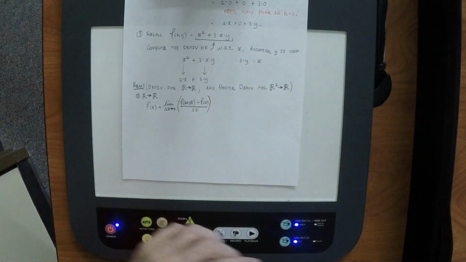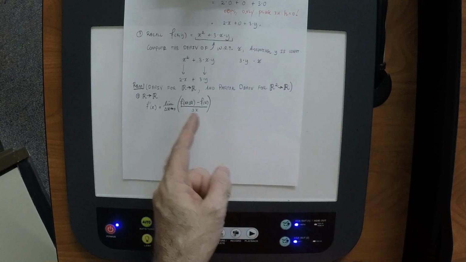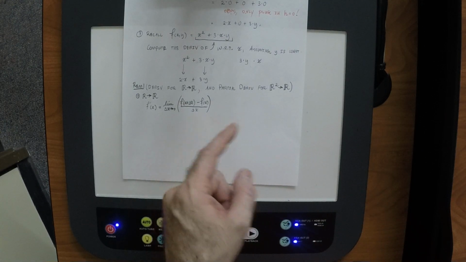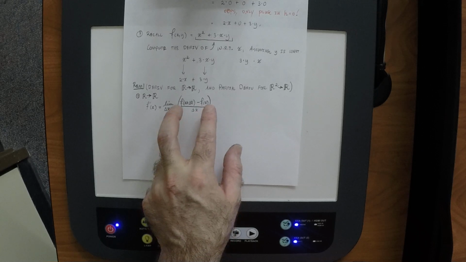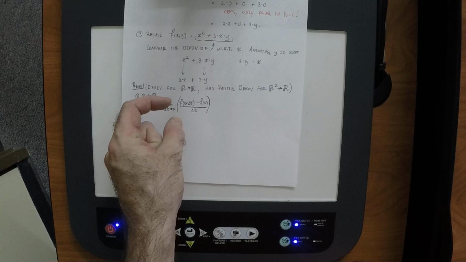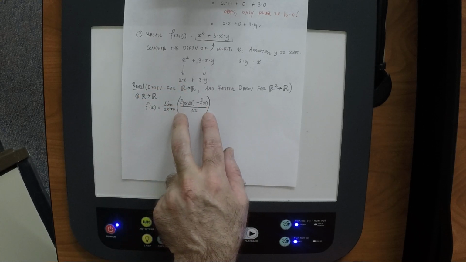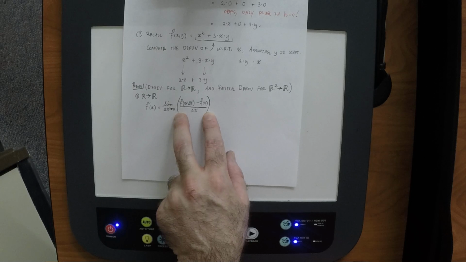So you've got to remember that derivative, after all, has a definition, and this is it. Okay, now, f of x plus delta x minus f of x, and then all that divided by delta x, what that is, this thing that's inside of the limit, that's the slope of something called a secant line.